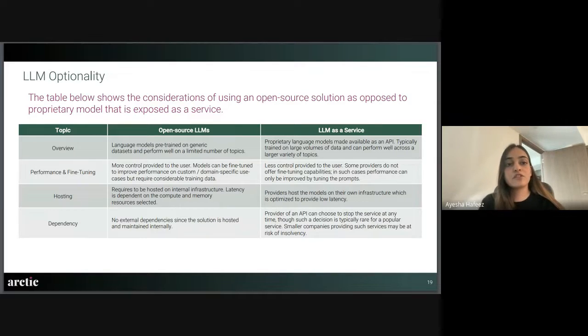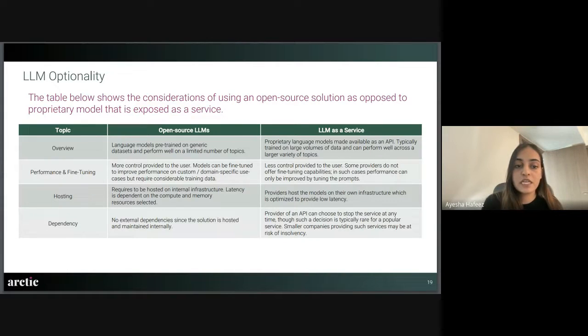You have more control over fine-tuning the model weights on your domain-specific data set, but it requires considerable training data, which is what we did not have. Whereas with LLM as a service, there is less control provided to the user, especially with a lot of these proprietary models. Some of which do offer fine-tuning capabilities, some of which don't.